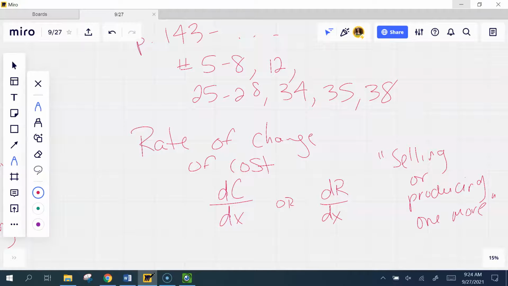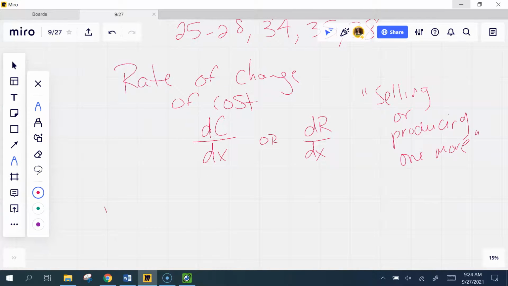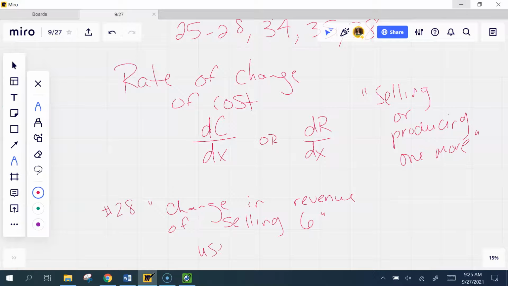And for number 28, change in revenue of selling 6. It says 5, but make it 6. So use R prime of 5. Oh, where it says 6, it should say 5.